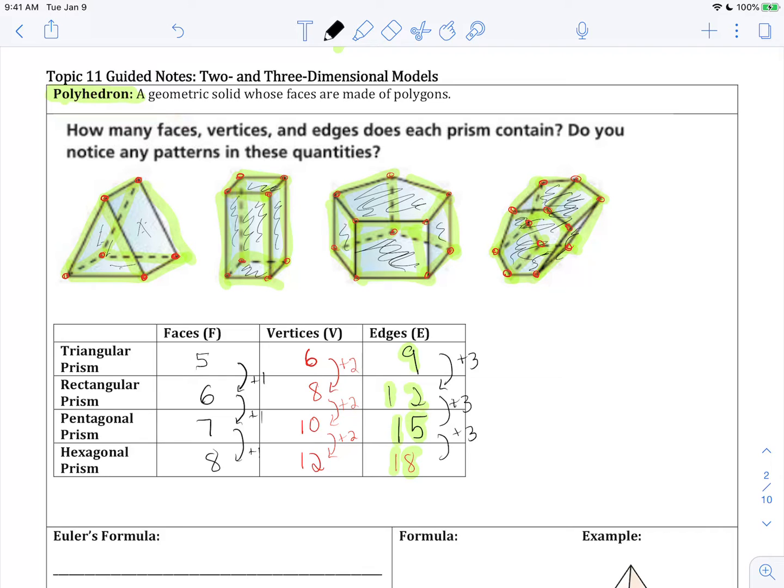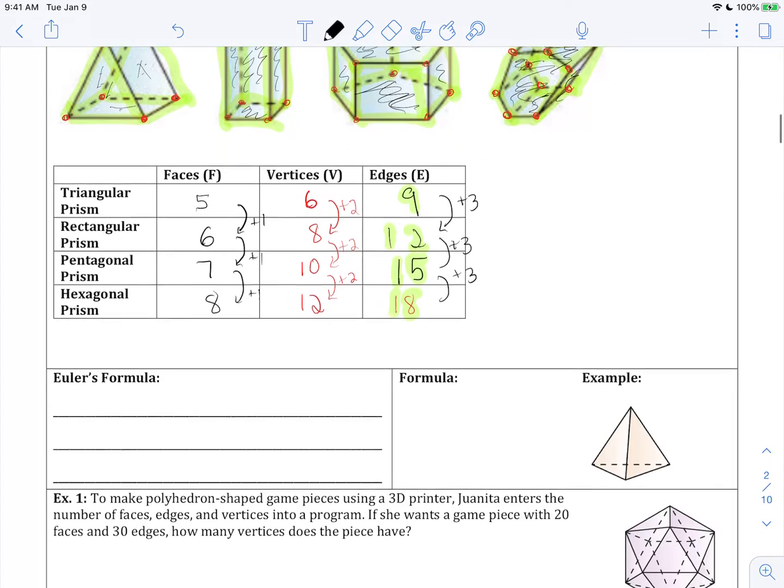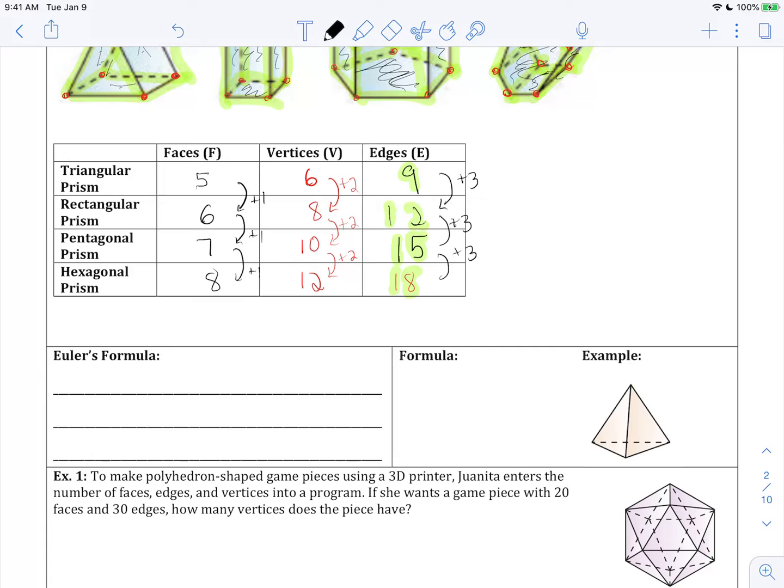If you look horizontally in this table, we'll see that faces and vertices, 5 plus 6, is 2 more than 9, right?